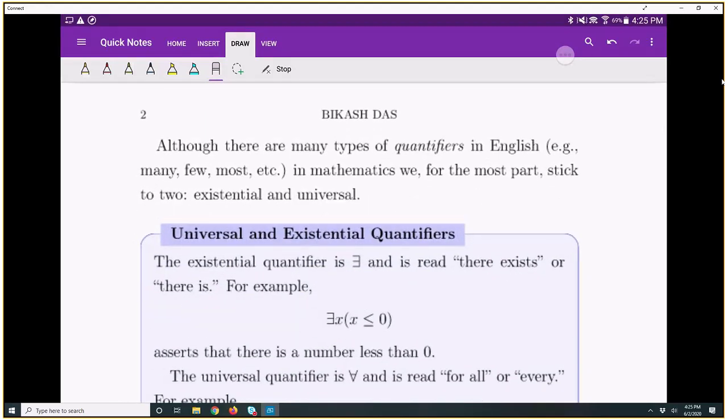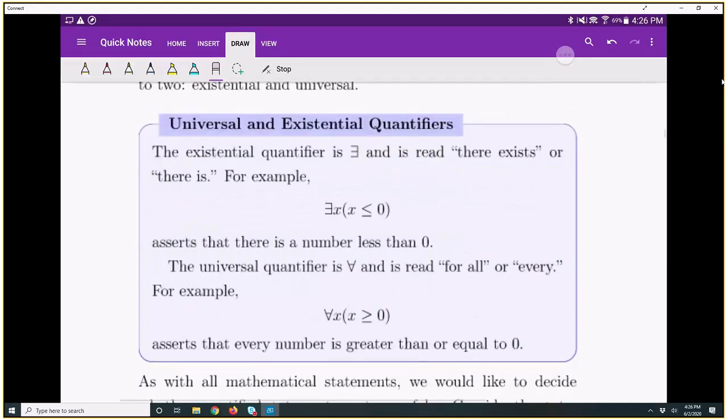Although there are many quantifiers in English, such as many, few, most, some, in mathematics we generally stick to two quantifiers, the existential quantifier and the universal quantifier. We'll introduce those here in this purple bubble.